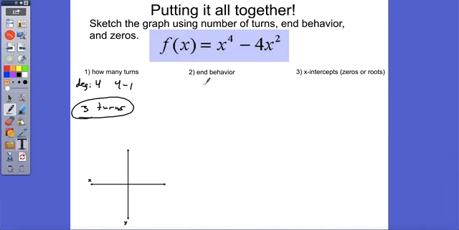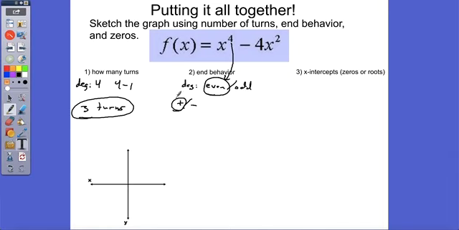All right, end behavior. For end behavior, we look at the highest degree term, and we look at its degree: is it even or odd? And what is the sign of the leading coefficient, positive or negative? So we know we have an even degree because of the 4 right here, and this 1 means it's a positive leading coefficient.